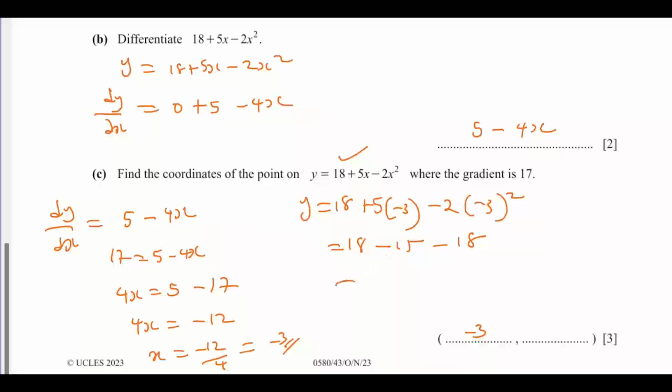So y will be equal to negative 15. So the coordinates of the point on this curve where the gradient is 17 are x equals negative 3 and y equals negative 15. This is the end of the solution to this variant.